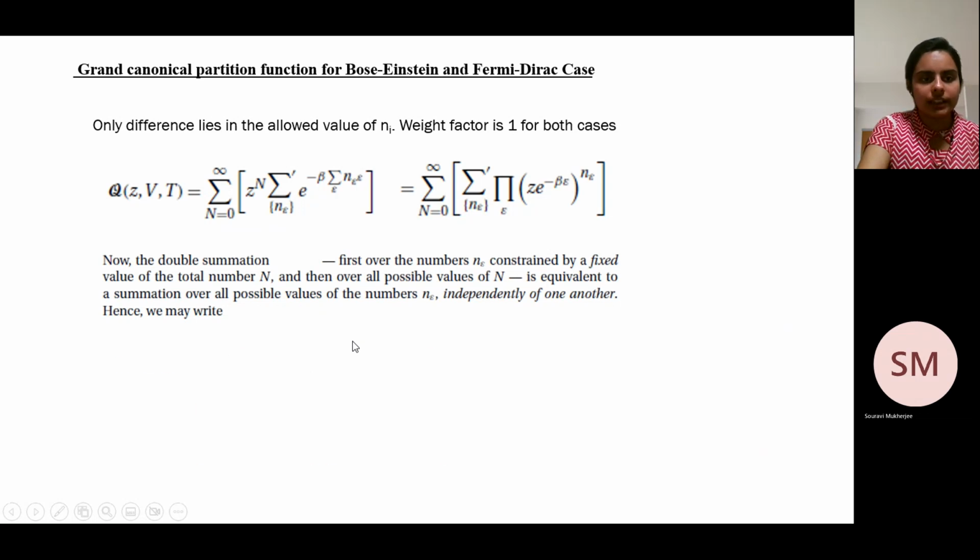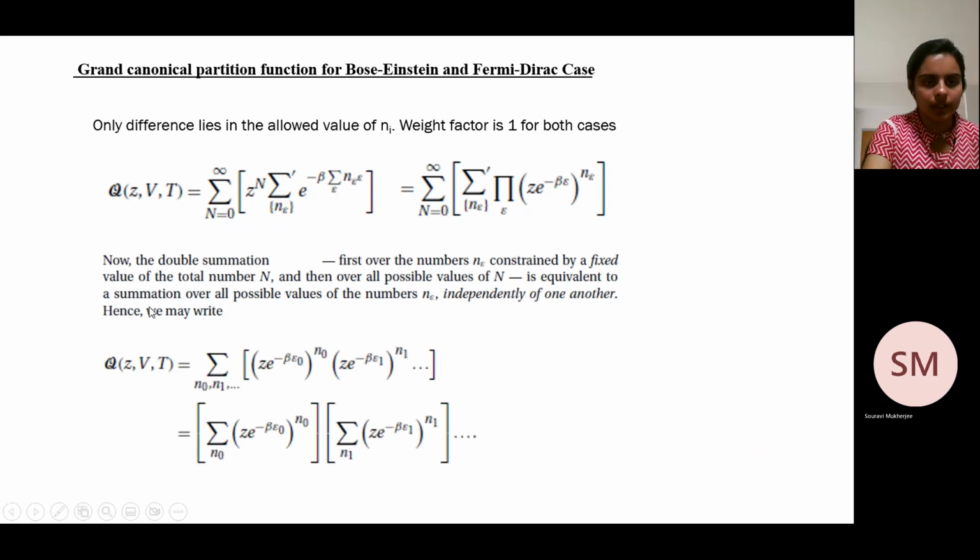That means we can write Q, the grand canonical partition function, as a summation over different values of Ni, like N0, N1, and so on, and then you have these terms, which are all products. So you are summing over all possible values of each Ni, right?